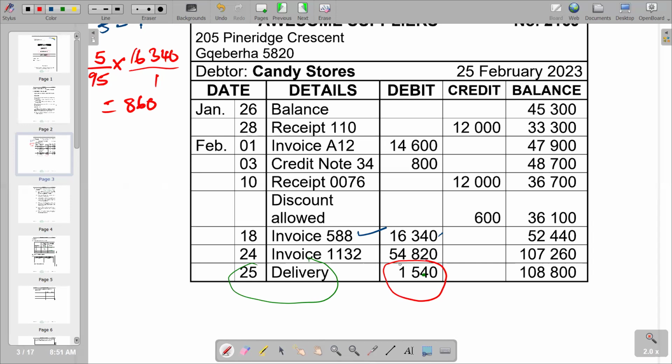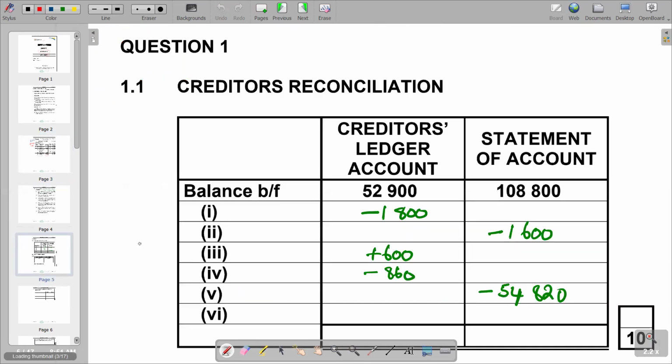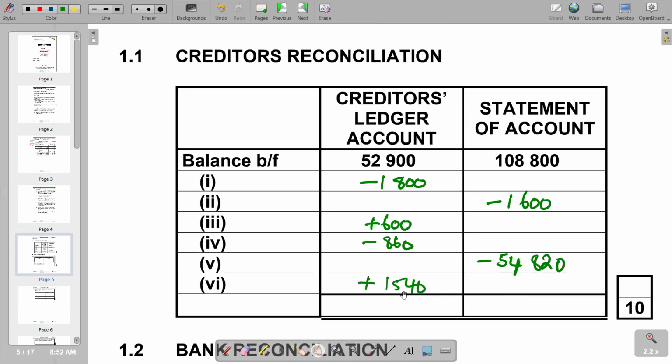So remember, the delivery fee increases the cost of a purchase. So obviously, it's supposed to be entered on the credit side of the creditors ledger, and on the credit side, it's a plus. So we come here, we show that we have a plus 1,540. So after this, we have now to add to get the final total.